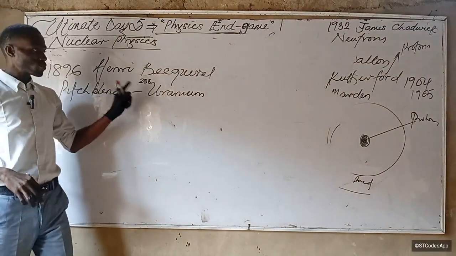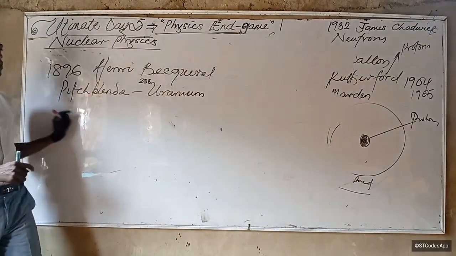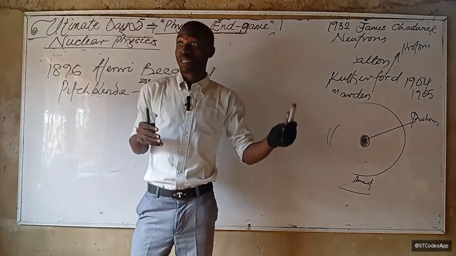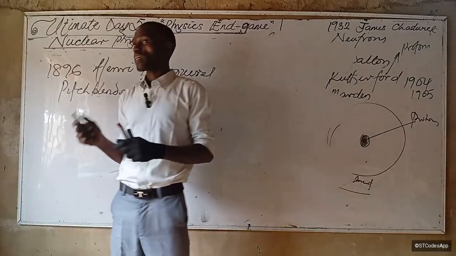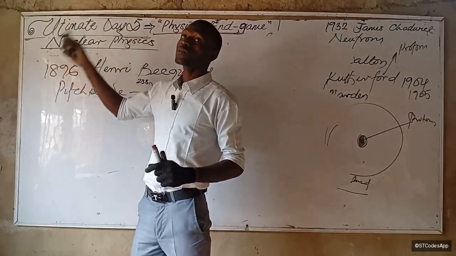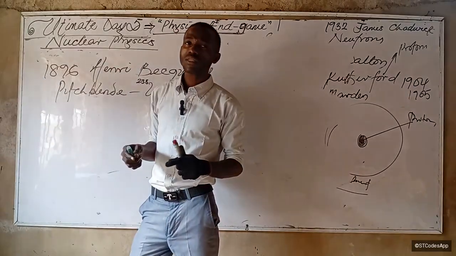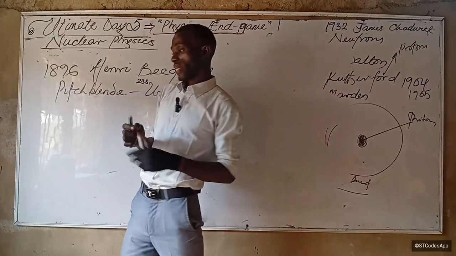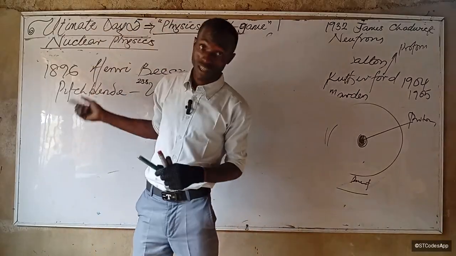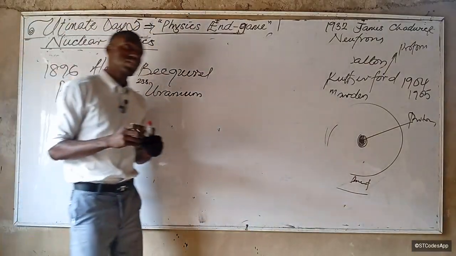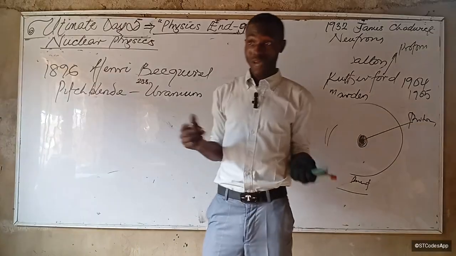So uranium 238, which was pitchblende, he saw that it emitted a particular radiation. And because of that, he called the phenomenon radioactivity. Was it Becquerel who named it radioactivity, or Marie Curie? I think it's Marie Curie, but he was the first person to discover the phenomenon. Is that okay? Yes.